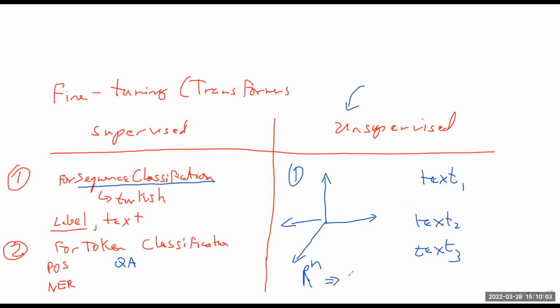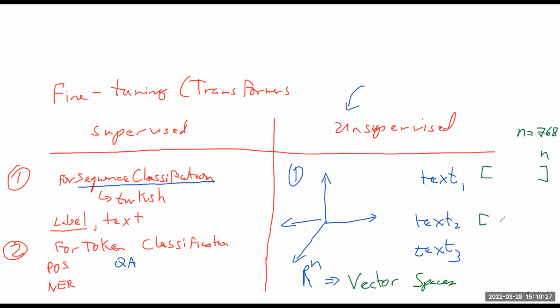Very good. Thank you. We need to operate in vector spaces. That means we're going to represent the text as vectors of dimension n, where we don't want it to be too big. So n can be something like 768. Why not? Not so big, right?